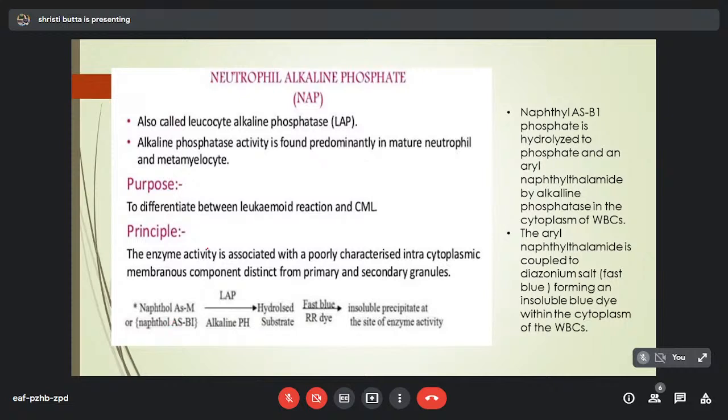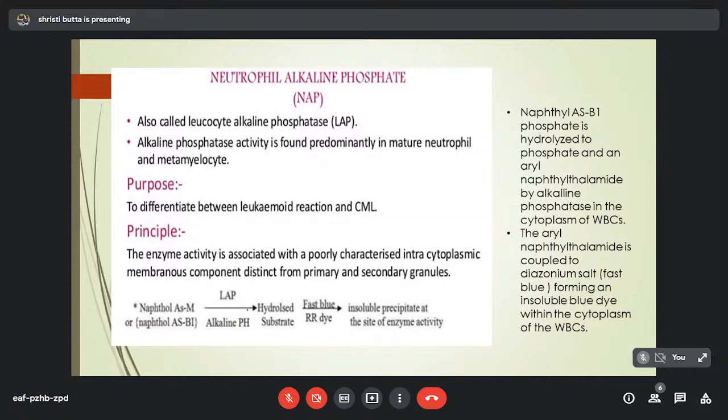And the principle behind it is that the naphthol AS-BI phosphate is hydrolyzed in the presence of LAP at an alkaline pH into the aryl naphthylamide. Okay, and this aryl naphthylamide that is generated is coupled with the fast blue. Okay, and what happens is that this fast blue converts it into an insoluble precipitate at the site of the enzymatic activity. So that is the basic principle behind it.